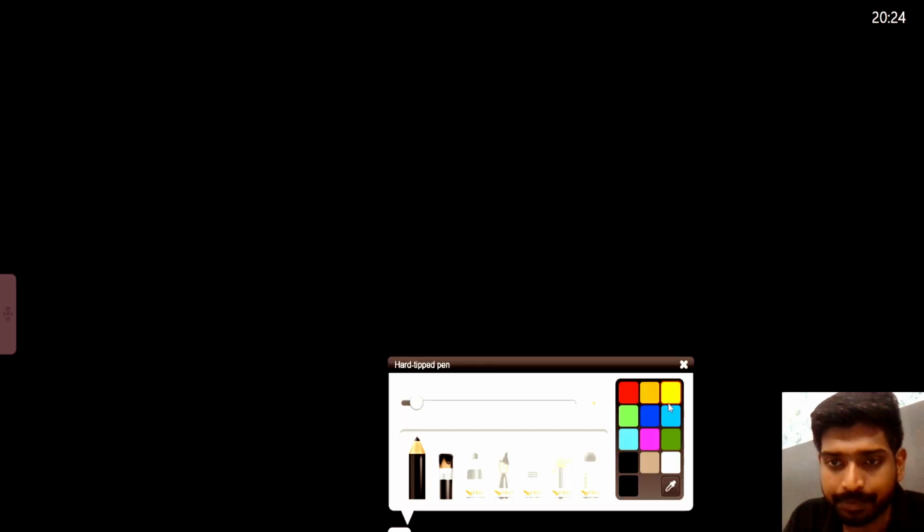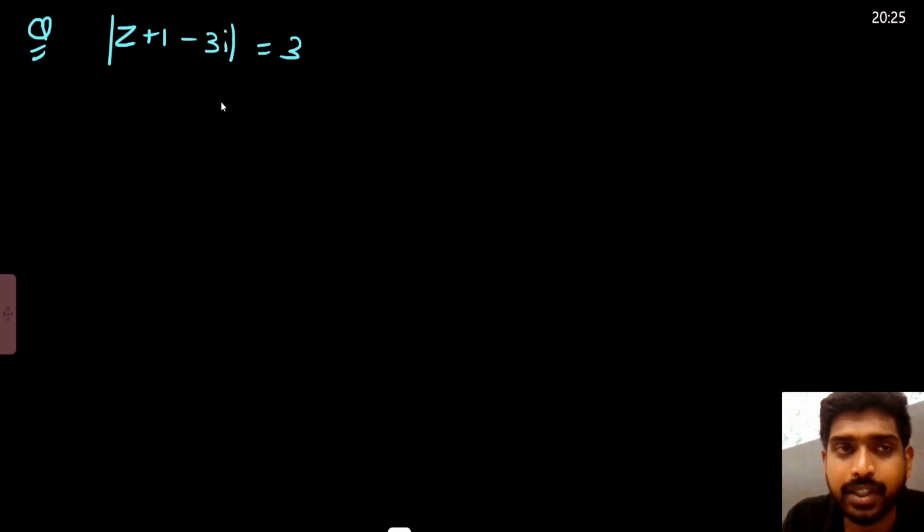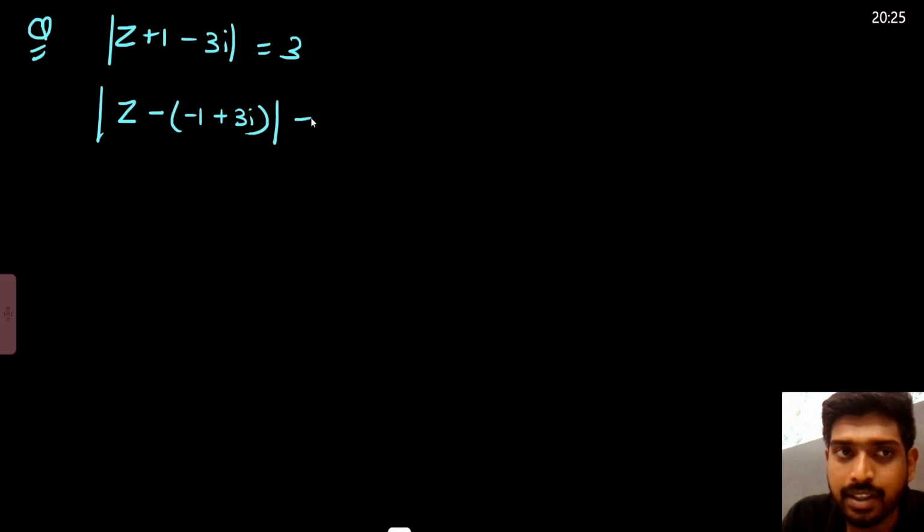Suppose I write a question: modulus of z plus 1 minus 3 iota is equal to 3. Tell me what it will represent. It will represent a circle. Why? Because I can write this as z minus of minus 1 plus 3 iota, which is behaving as my z1, equals 3.